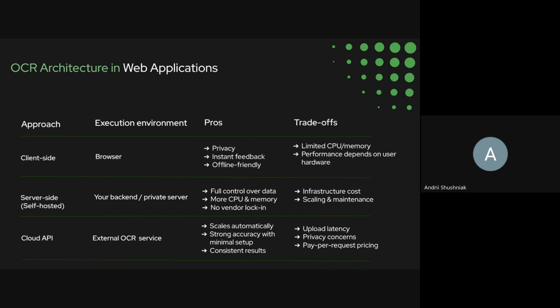And the third group, probably the easiest approach, is Cloud API. Those services already handle all the heavy lifting for you. What's required from you is basically just to provide an image, configure the service you want to work with, receive the results, and then do whatever you need to do with that result.